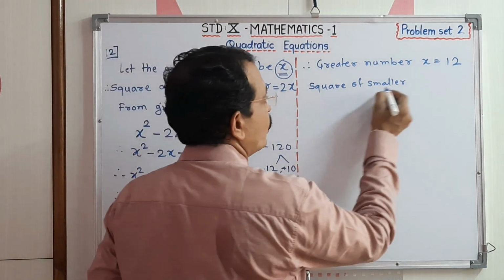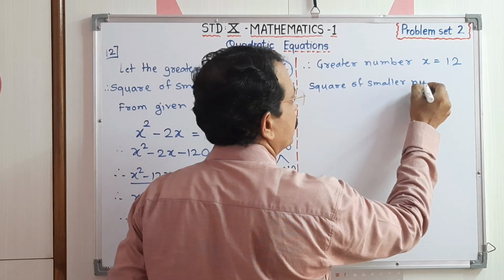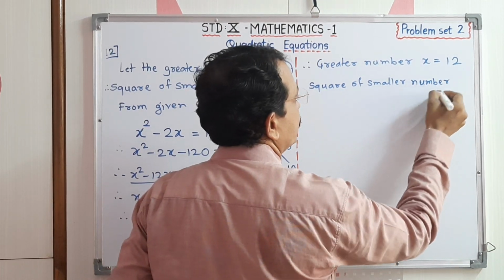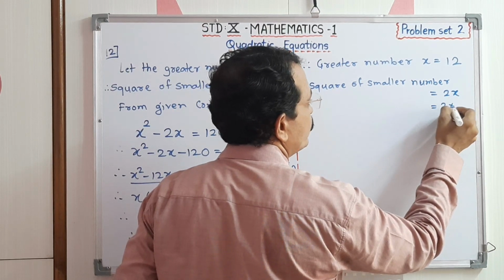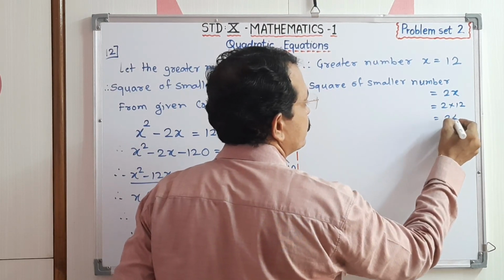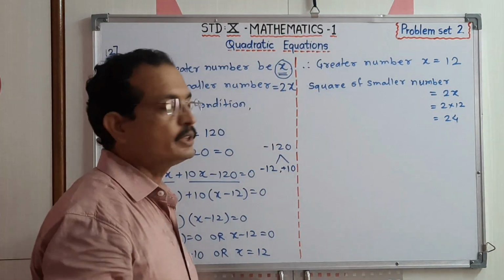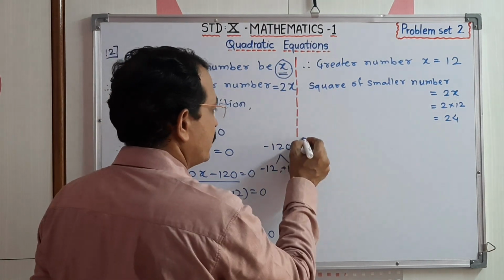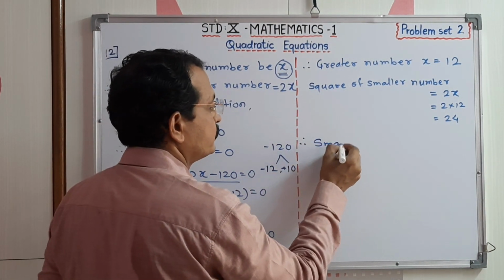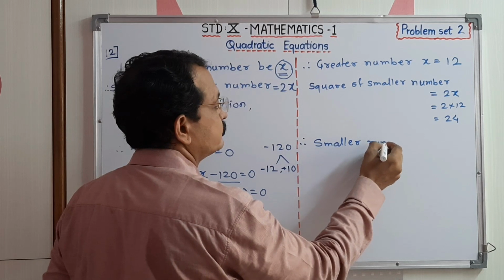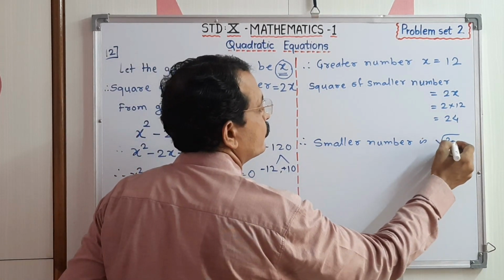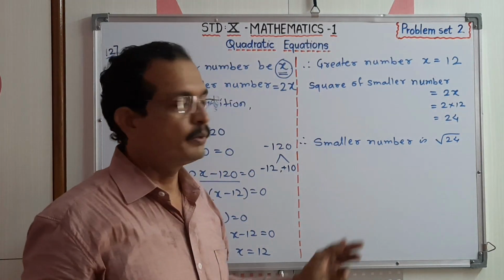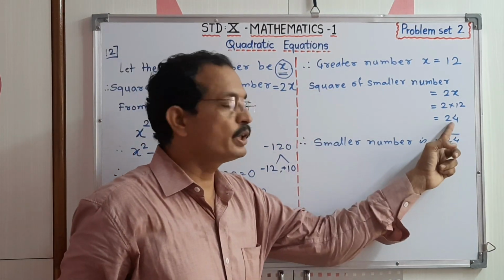Therefore we write the square of the smaller number is equal to 2x is equal to 2 into 12. Therefore it is 24. It is the square of the smaller number.